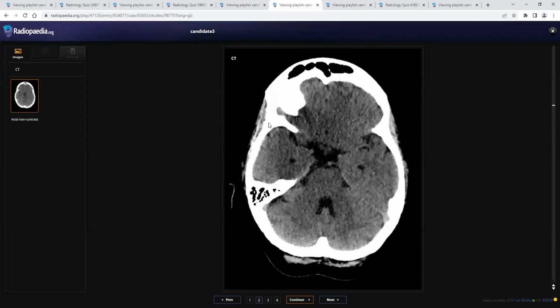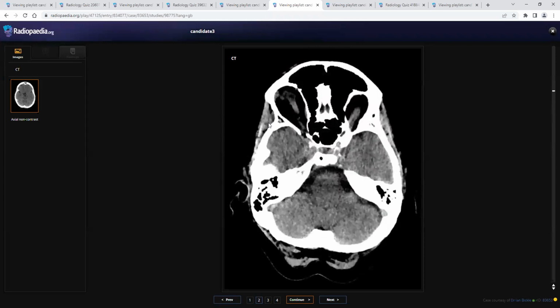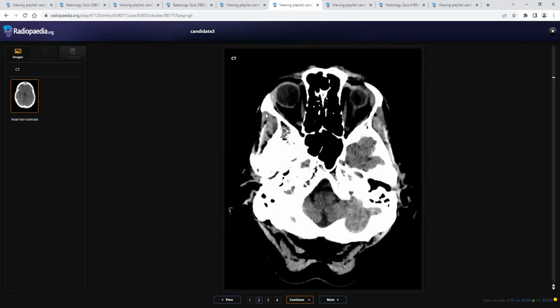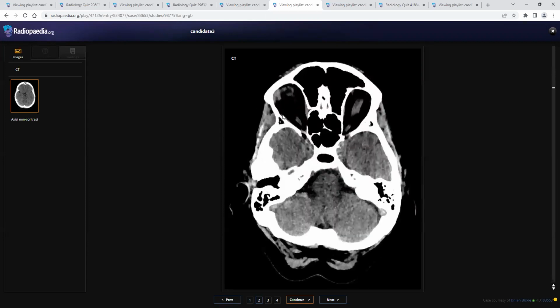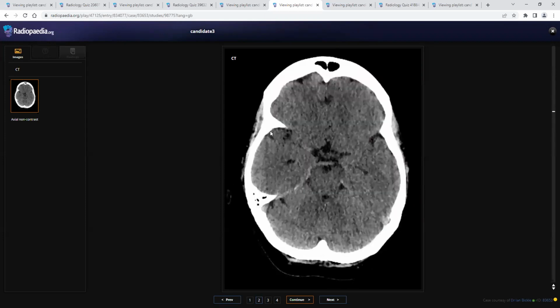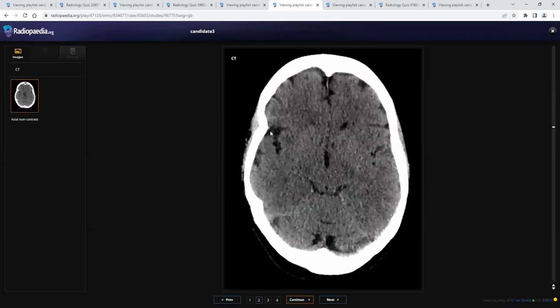and the bilateral ventricles appear to be normal, and the brain parenchyma is preserved. I cannot see any gross abnormality within the brain parenchyma.